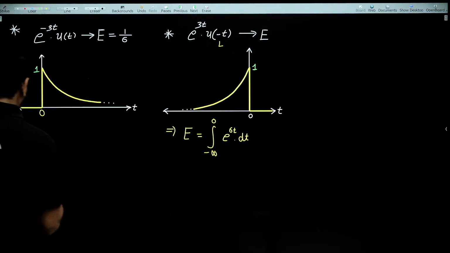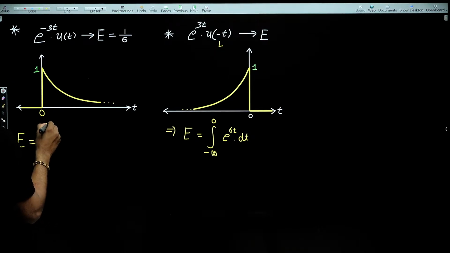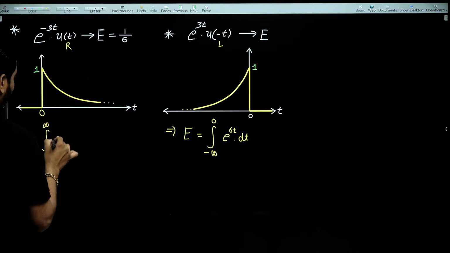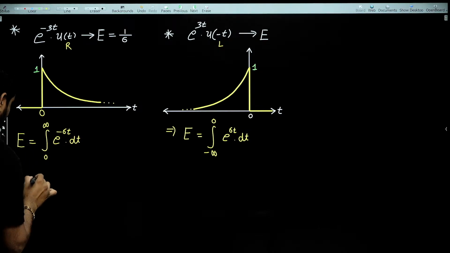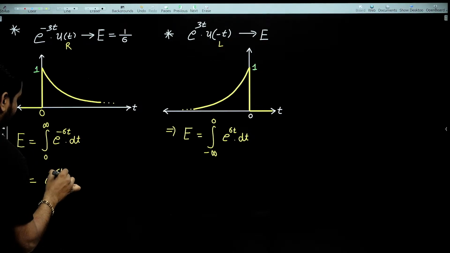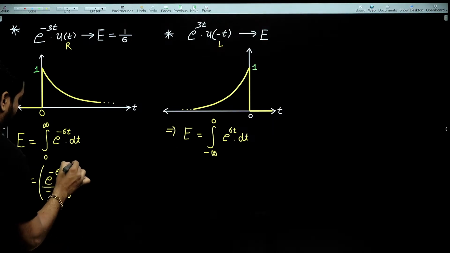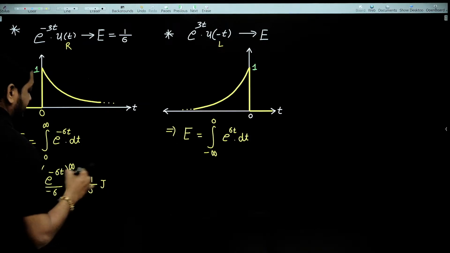See, here this is the right-sided signal. So limit will be 0 to infinite. So right-sided signal 0 to infinite, square e power minus 6t dt. This is e power minus 6t divided by minus 6, 0 to infinite. So answer will be what? 1 by 6 joule you can see.